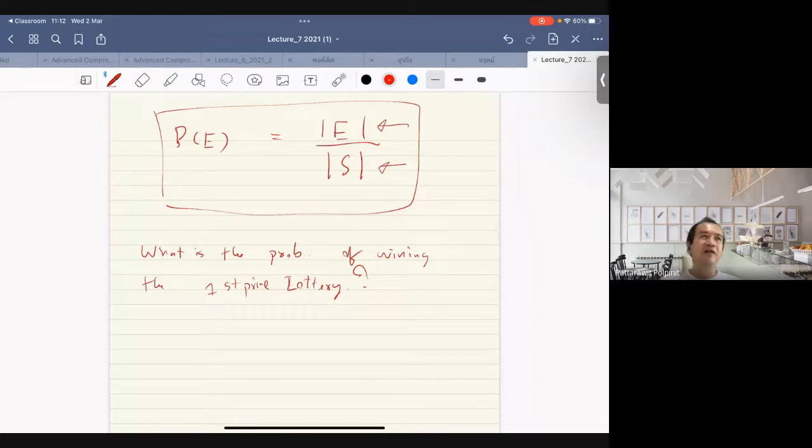How many first prize lottery tickets can you win? How many lottery tickets do you buy? How many possible lottery tickets are being sold? So all this is kind of hard.